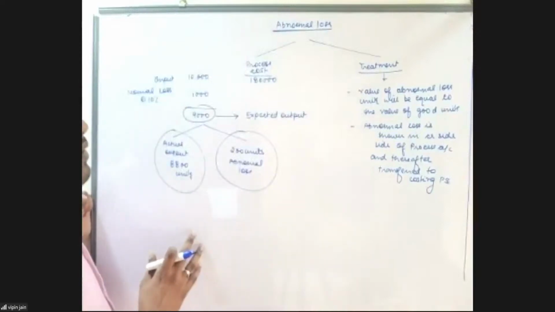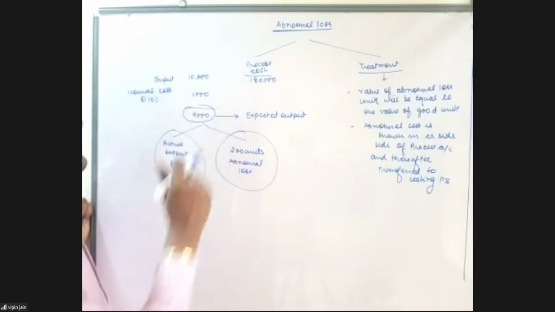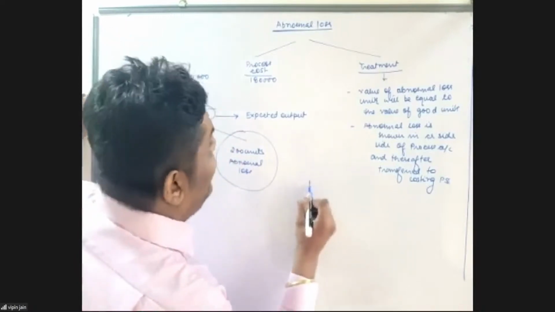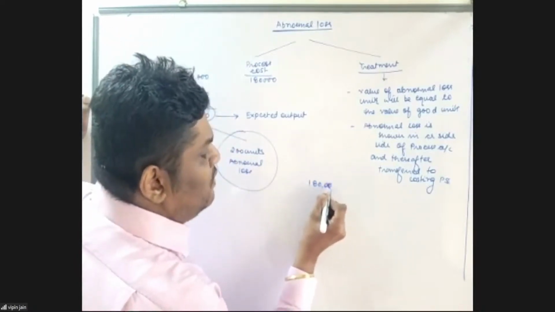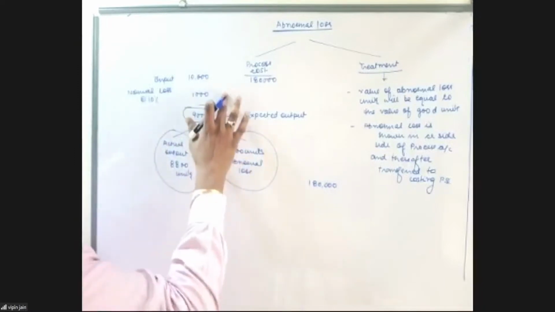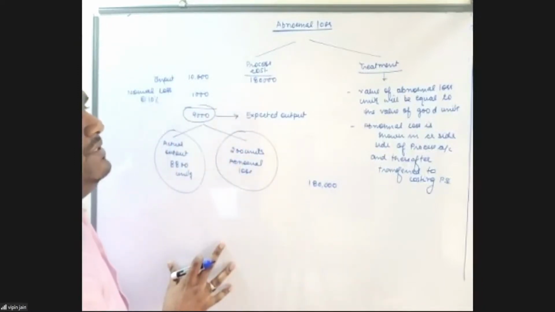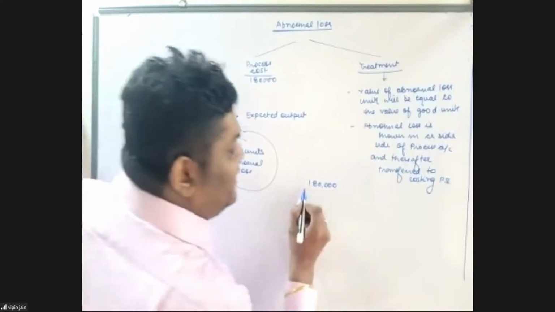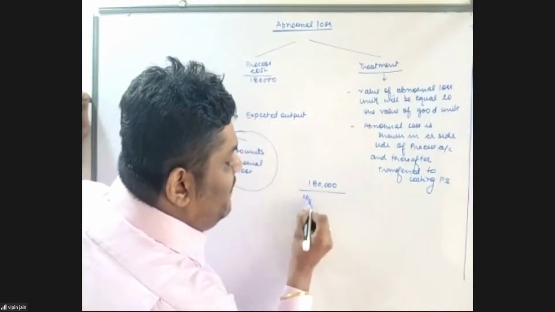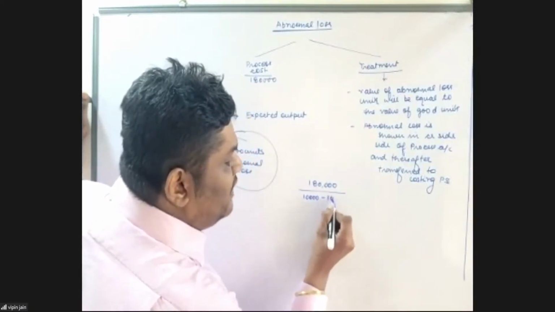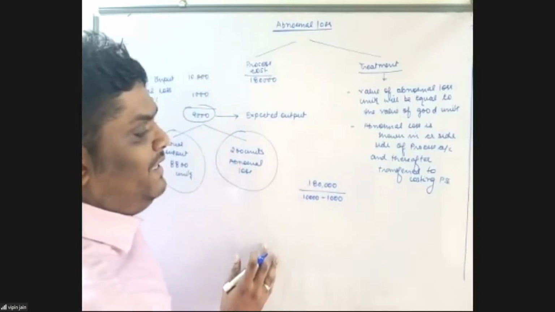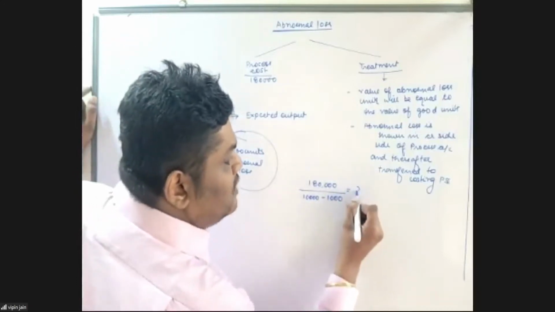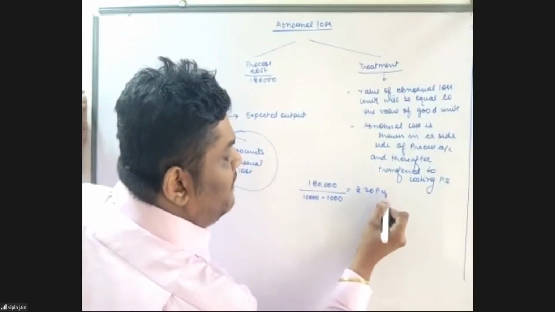Further, when talking about how to calculate the cost per unit, 1,80,000 is my process cost. Assuming no scrap value is realized on sale of scrap, how much is my expected output? Very simple, 10,000 minus 1,000, that is 9,000. So my cost per unit will be rupees 20.